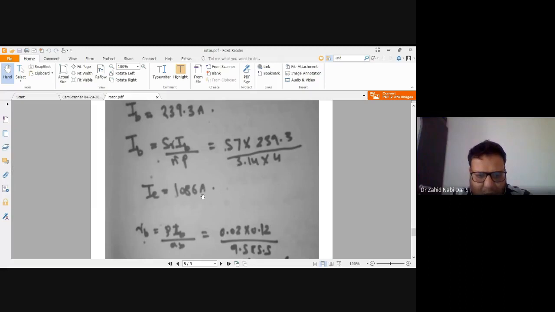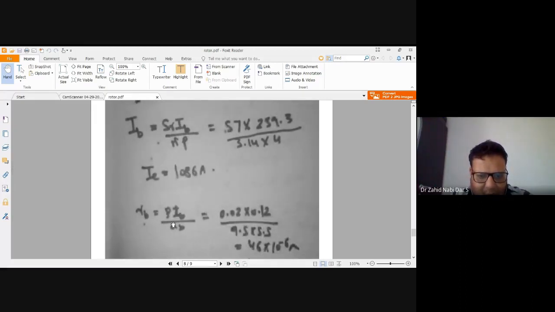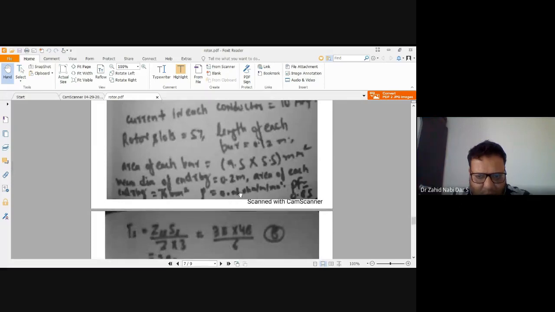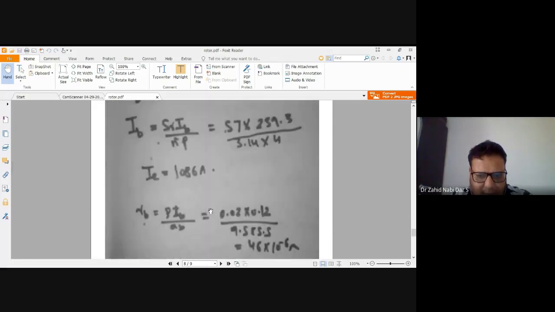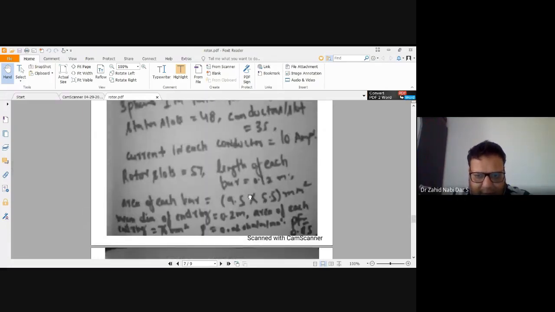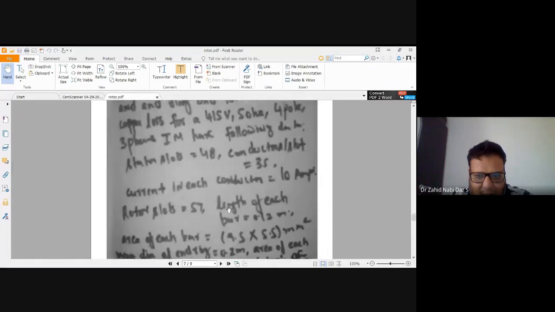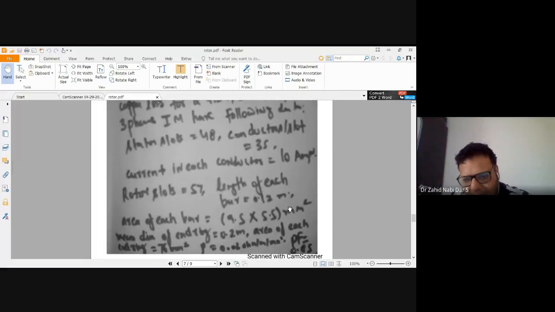108.6. Now you need to calculate the rotor resistance, that is rho LB divided by AB. The rho value is given as 0.02, as you can see from the problem. The length of each bar is 0.12 meter, no need to change that. The area of each bar is given as 9.5 into 5.5 millimeter square.